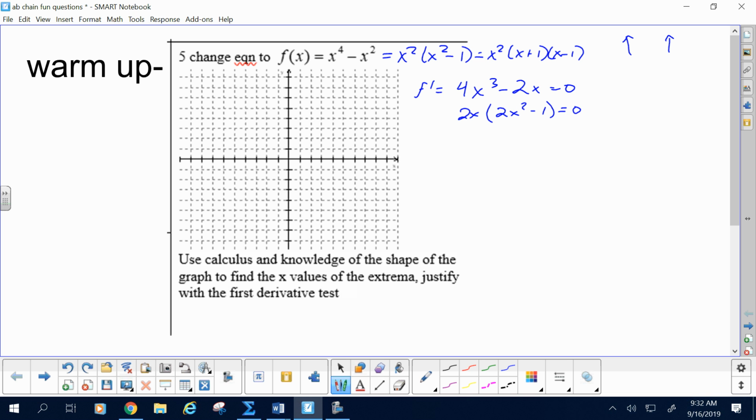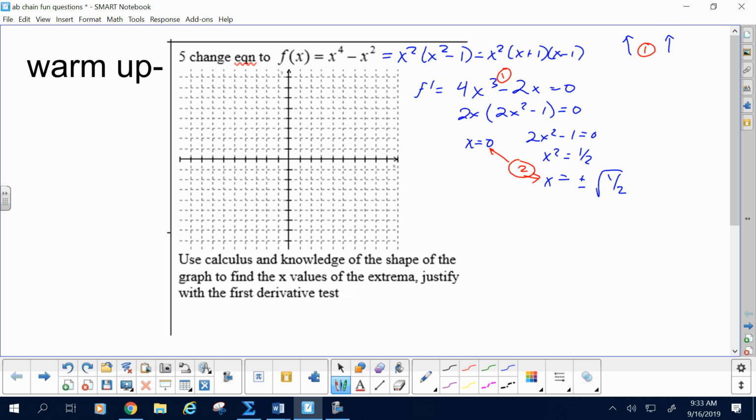And you get zeros at x equals 0 and positive or negative square root 1/2. Yeah? Okay, that would probably be 2 points, so right now I would say you got 1 point for the derivative, 2 points for the critical numbers.